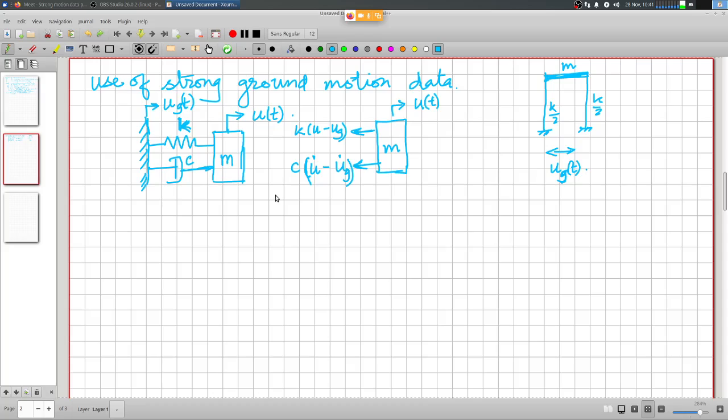So by Newton's second law, we know that the sum of all forces acting on the mass m, assuming positive to the right, is equal to the rate of change of momentum of the mass.